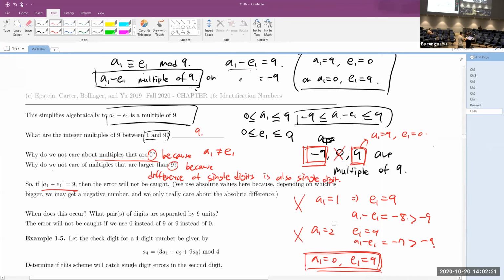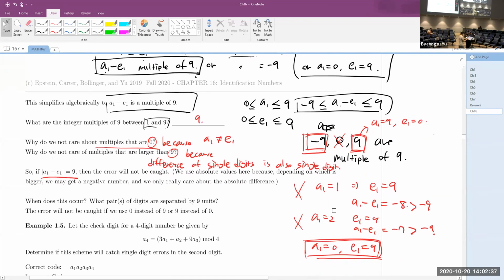So does it make sense, or do you have any questions? Good? Okay, great. So this scheme cannot separate them.